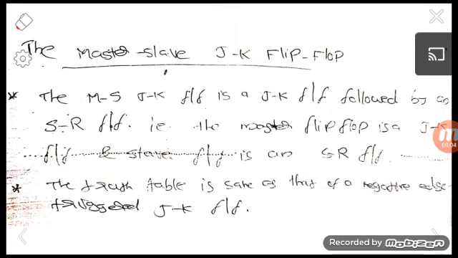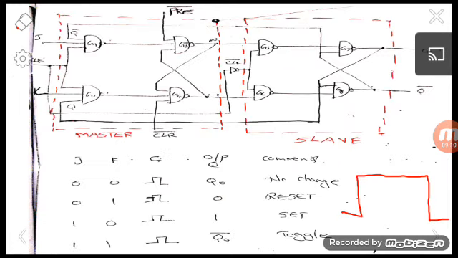The master flip flop is a JK flip flop, and the slave flip flop is an SR flip flop. So this entire circuit will be our master slave JK flip flop, which we commonly use in our circuits.